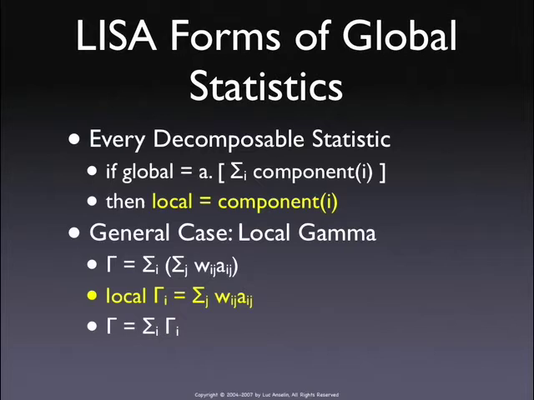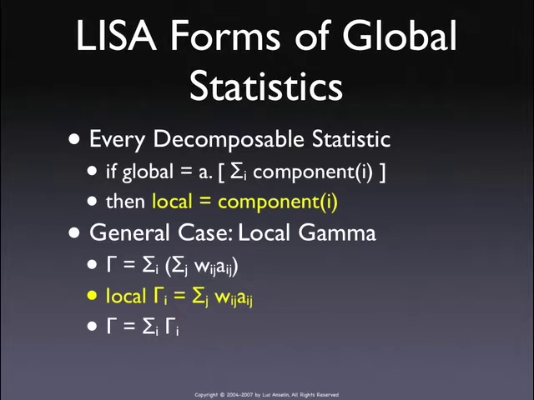If you have this connection between these individual components and the global statistic, then the local one is the component. Flipping that around: if your global statistic is really a sum over the observations of these local components, then we'll call each local component a local statistic.